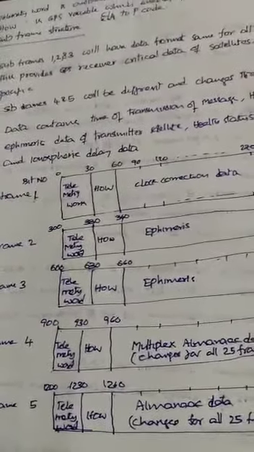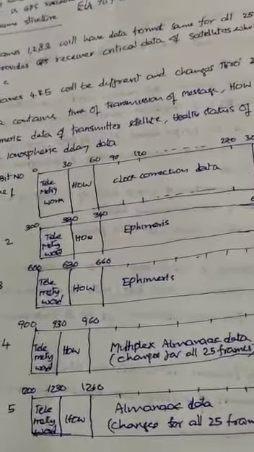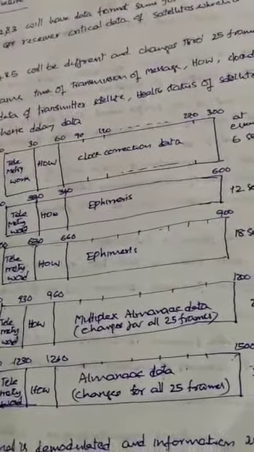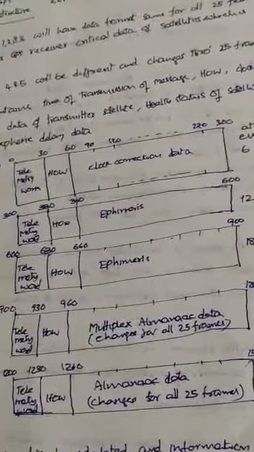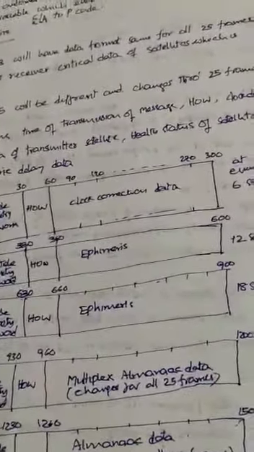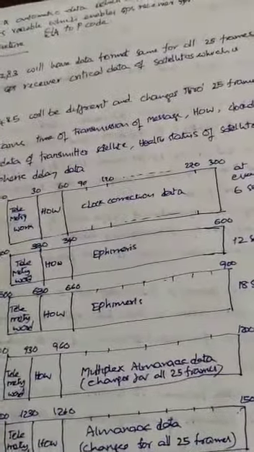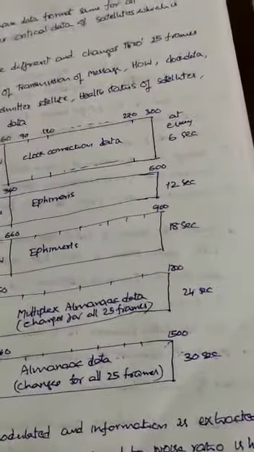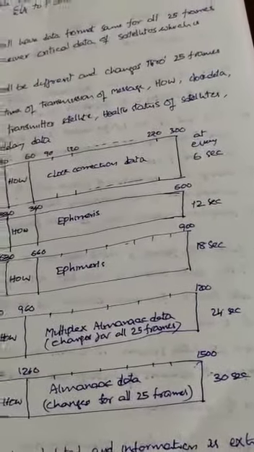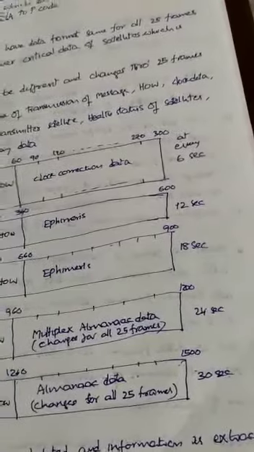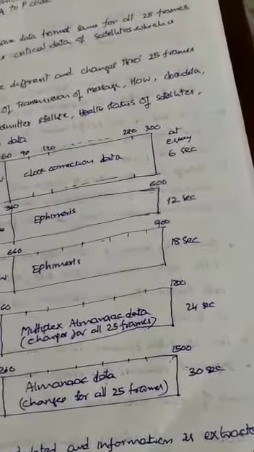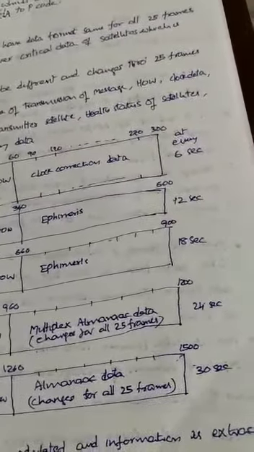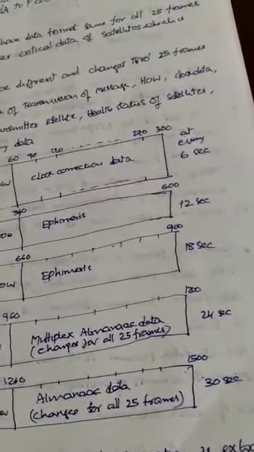These also contain the telemetry word and the handover word, followed by multiplexed almanac data, which is different for different satellites. That is, it indicates all the changes for the 25 frames, and this data is important for the calculation of the neighboring satellites' information, and 2 and 3 give the ephemeris of the transmitting satellite. This is sent within 30 seconds.